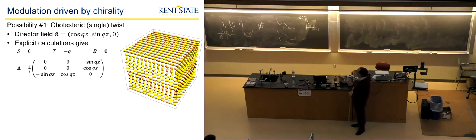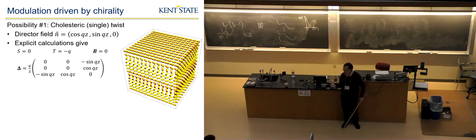Based on the story that I told you 5 or 6 slides ago, there is a spontaneous tendency to make twist. So the ideal local structure has non-zero twist, 0 splay, 0 bend, and 0 delta. But there isn't any director field that has that set of twist, splay, bend, and delta.